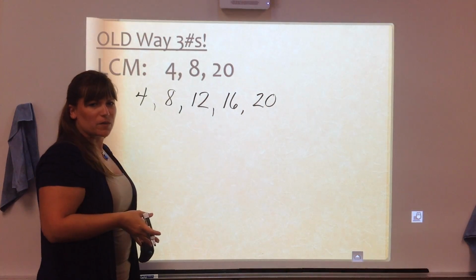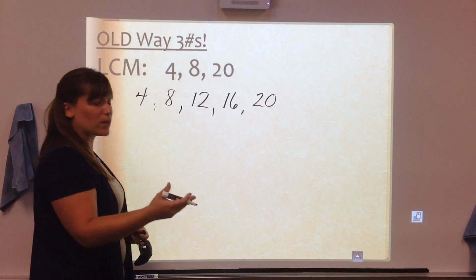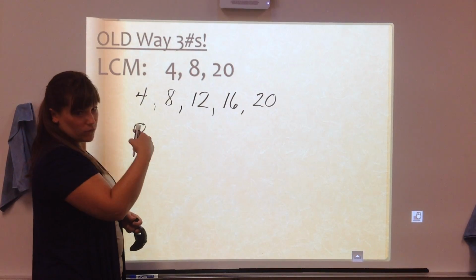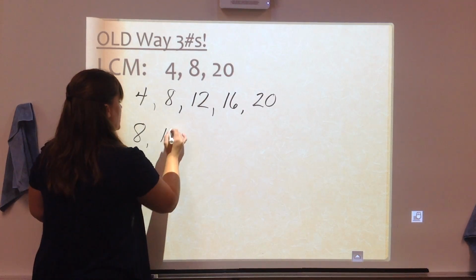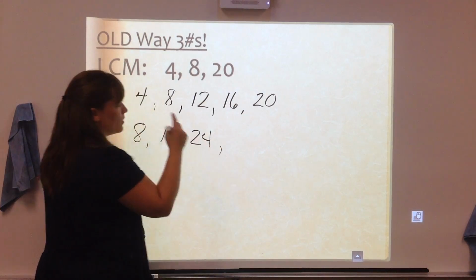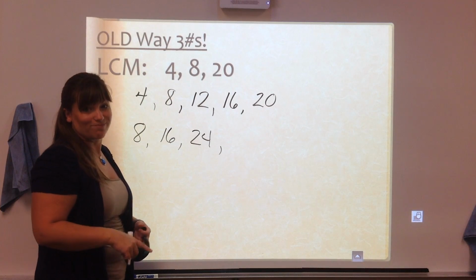Now I'm going to stop there for a minute and do the multiples of 8 and 20 and see what I'm getting. So I'm thinking in my head, 8 times 1. Writing down 8. Thinking in my head, 8 times 2, writing down 16. 8 times 3, writing it down, and I've noticed something. I've already passed 20.